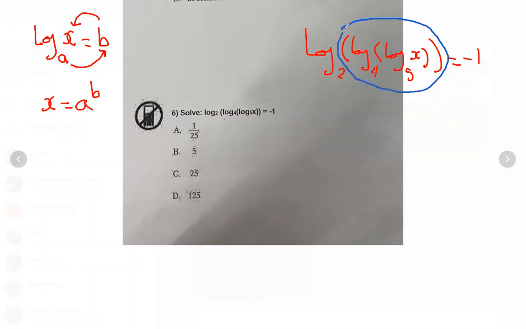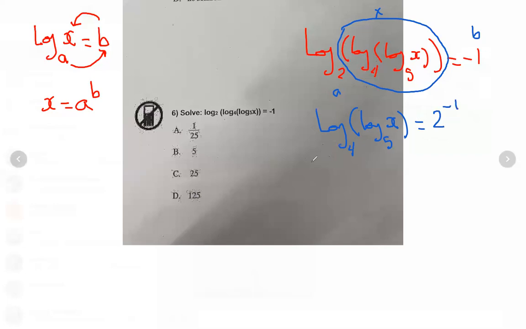Okay, so this is your x, and this is your b right here. So this is your a. So x, which is this here, so we're changing from here to here. So log base 4 of log base 5 x equals a, which is 2, to the power of b, which is -1.